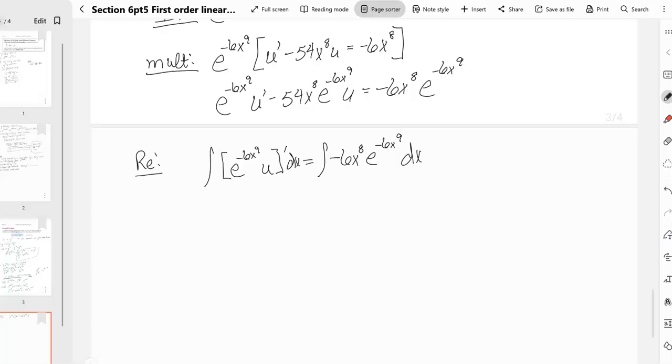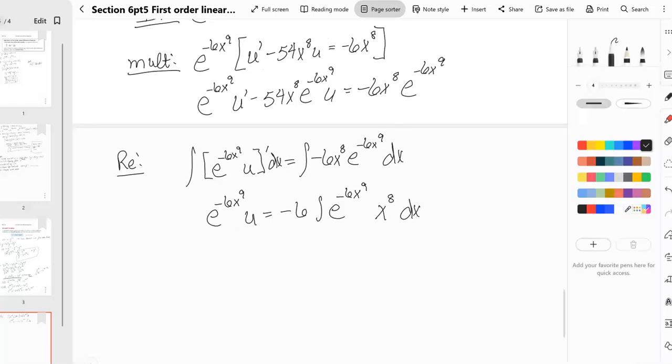When I integrate that left-hand side, I'm going to have e to the negative 6x to the ninth times u. If I think about integrating this here, I'm going to pull that negative 6 out, and I'm going to rewrite this. This is e to the negative 6x to the ninth times x to the eighth dx. So I would need the derivative of u.